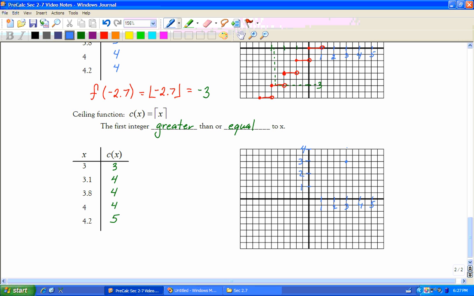So we're going to have an open circle at 4, and then a horizontal line and a closed circle at 4. So what happens when we have a number in the decimals past 2? Well, the greatest integer would be 3, so we're going to have a horizontal line there. And then if we fill in the rest of the function all the way down, at the integers we'd have a closed circle, but then to the left it would be a horizontal line, then an open circle.